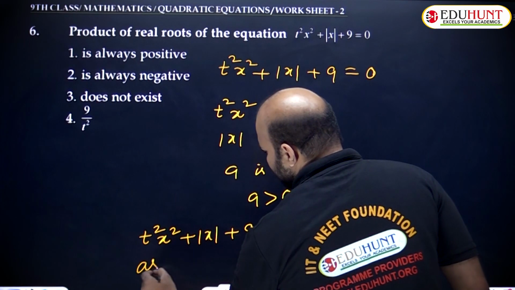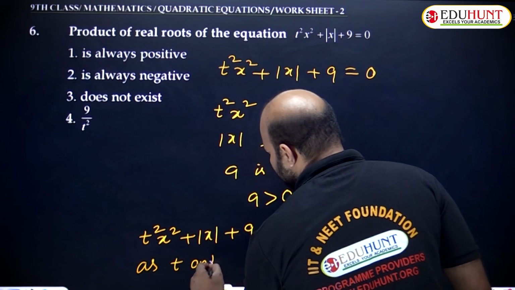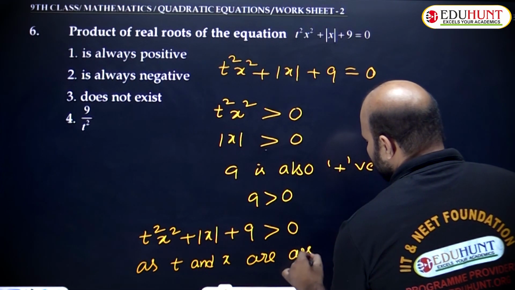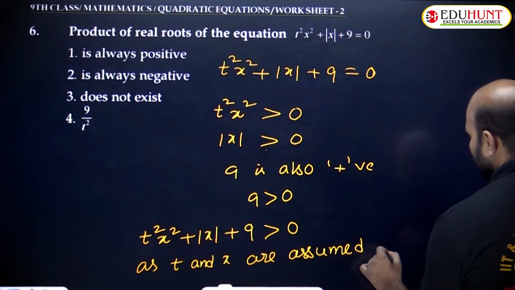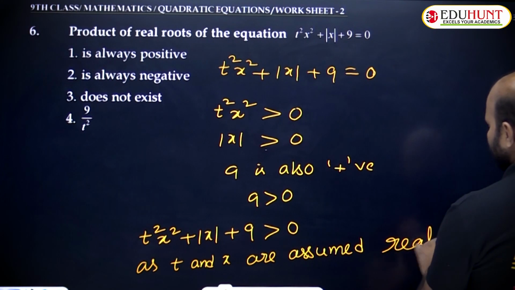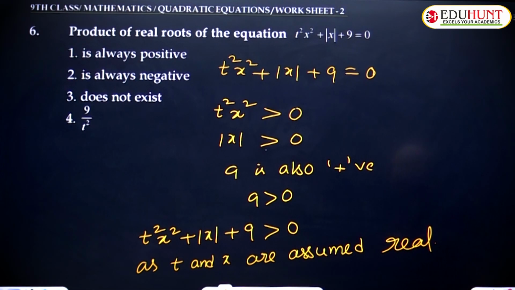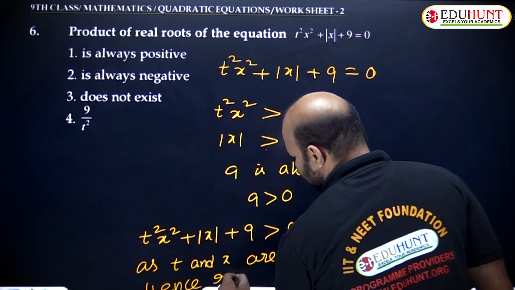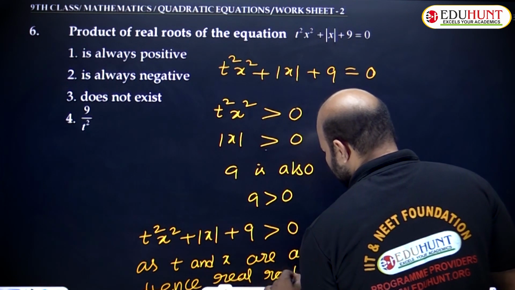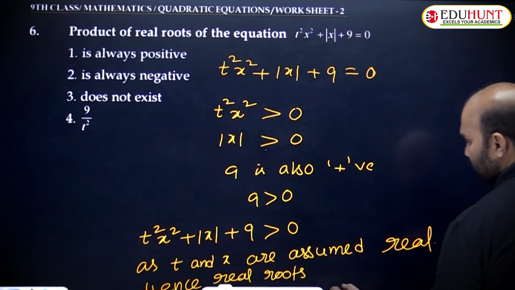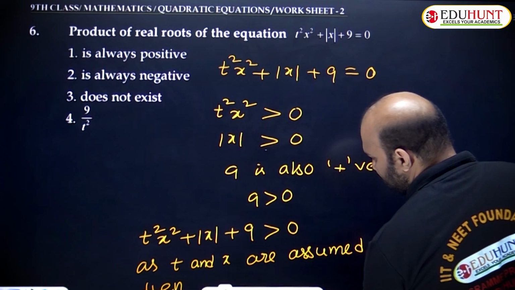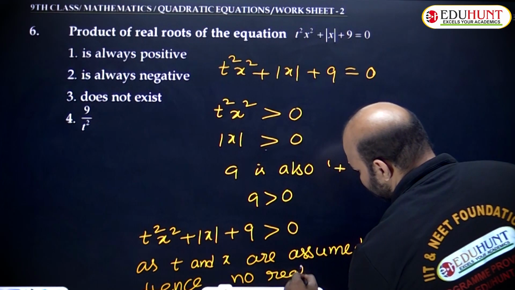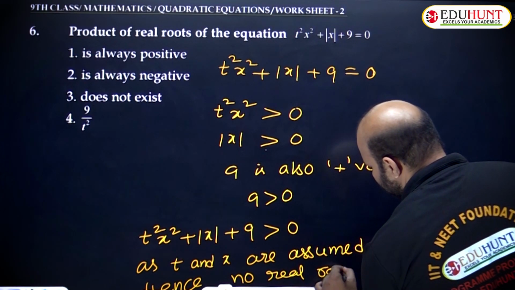But as t and x are assumed real, real roots do not exist, hence there are no real roots.